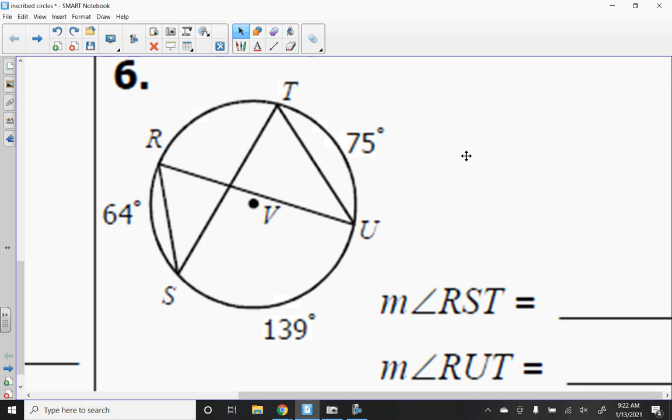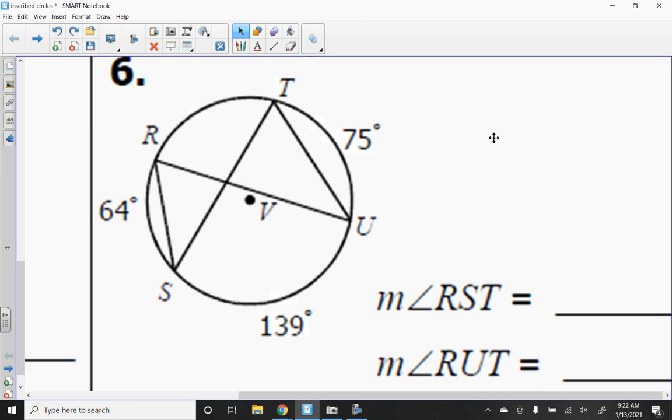So the first thing I need to find is angle RST. Angle RST is this angle. And I know it's associated with this arc.